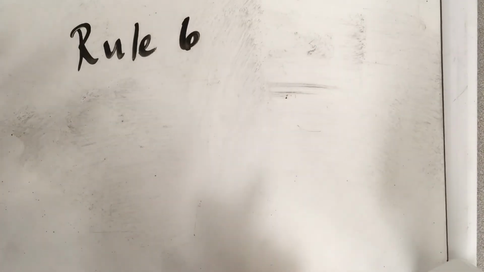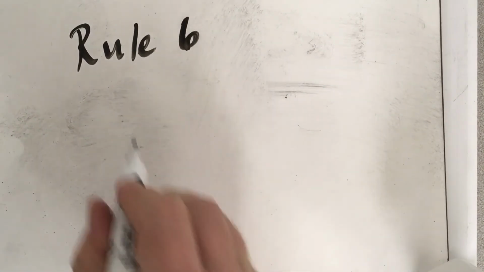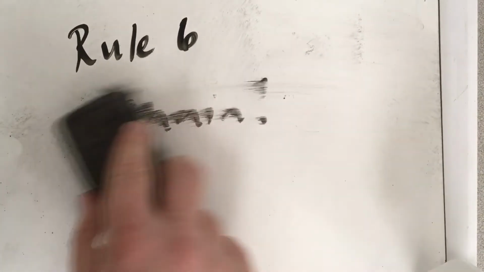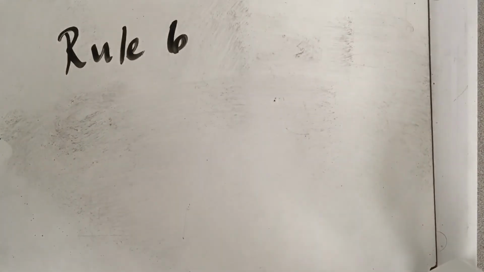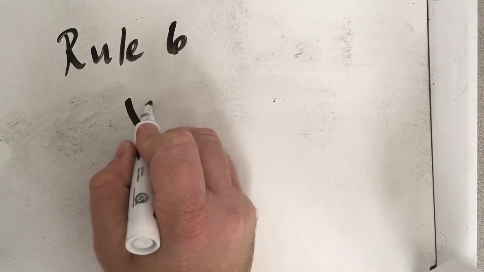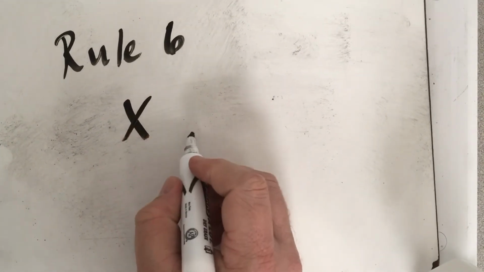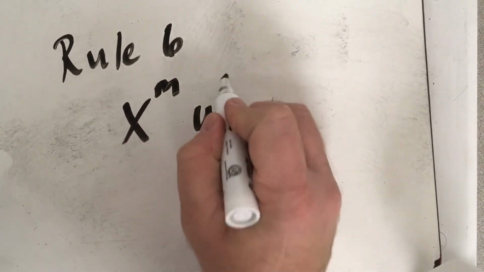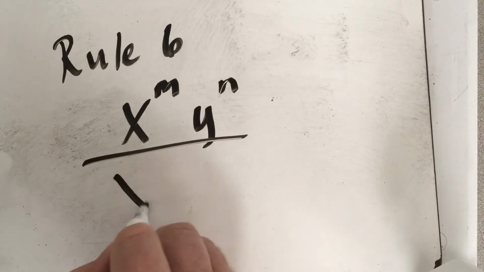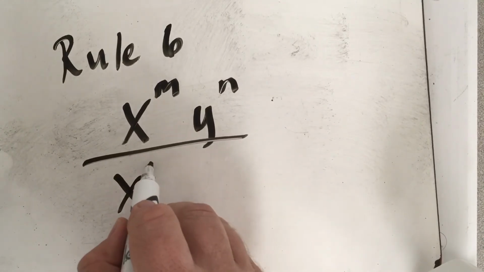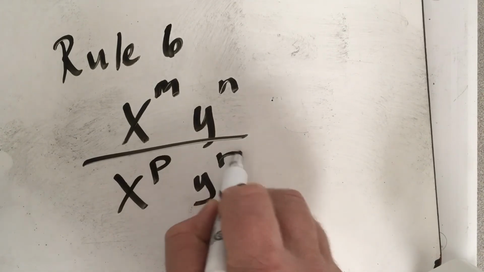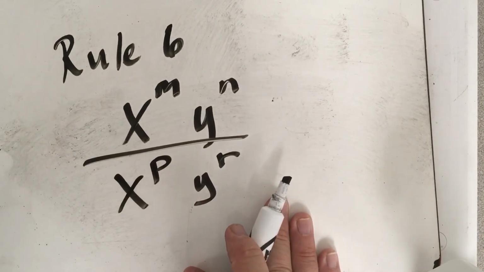Rule 6, kind of a catch-all, just means you can chain. What do I mean by that? Any rule you want to think about that we've already done. Like this one.